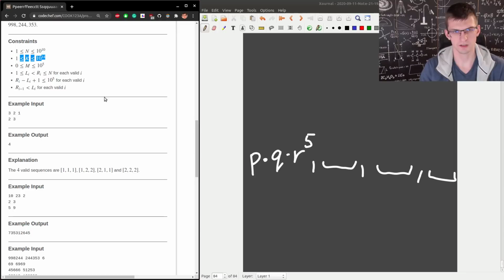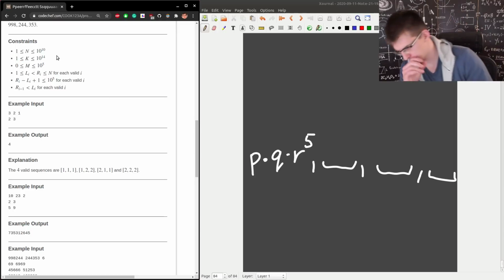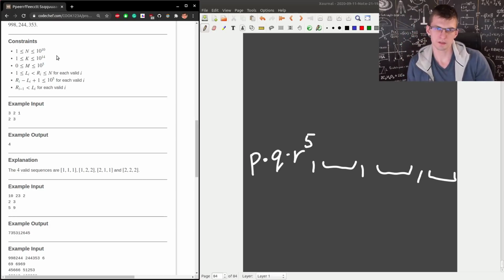Okay, I'm given k. What can I do? I can find all primes up to square root of k. Also, maybe I can count primes up to k.